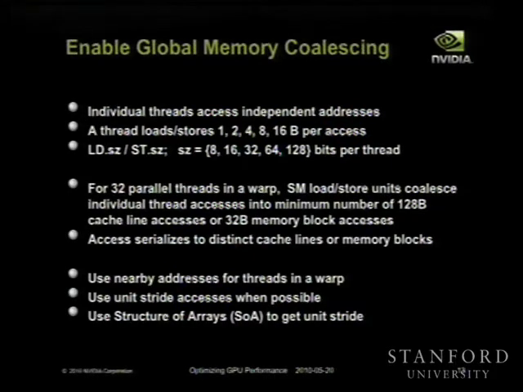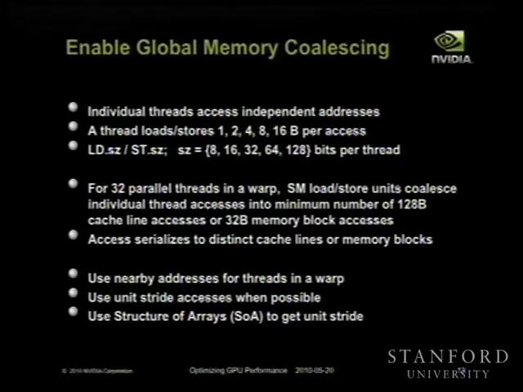If you look at typical load store instructions, when you write a C program which accesses a global variable, which is a character or a short or an int or a long, or float or a double, those expand into load store instructions which access 1 byte per thread, or 2 bytes per thread, or 4 bytes per thread, or maybe 8 bytes per thread.